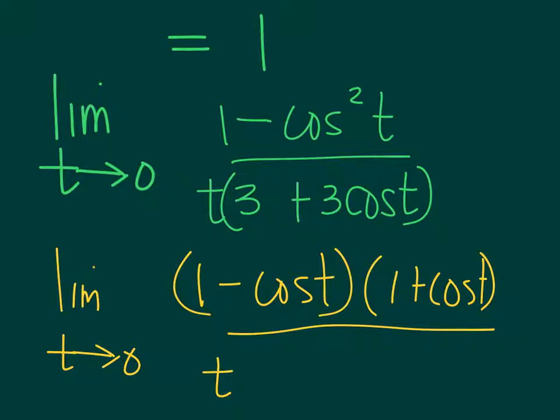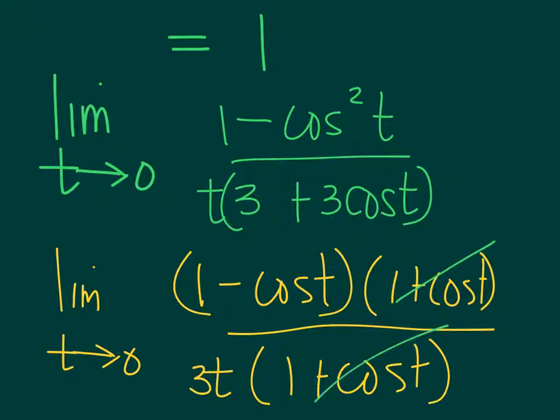What can we do with the 3 plus 3 cosine t? Factor out the 3, so you have 3 and then 1 plus cosine t. And then when you see that, you can cancel 1 plus cosine t, and you have 1 minus cosine t over 3t.